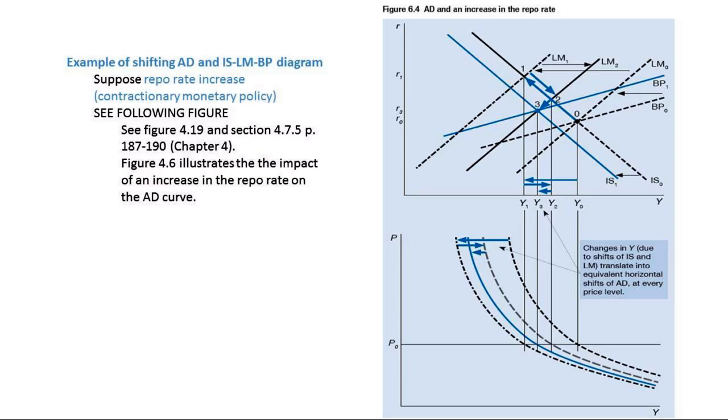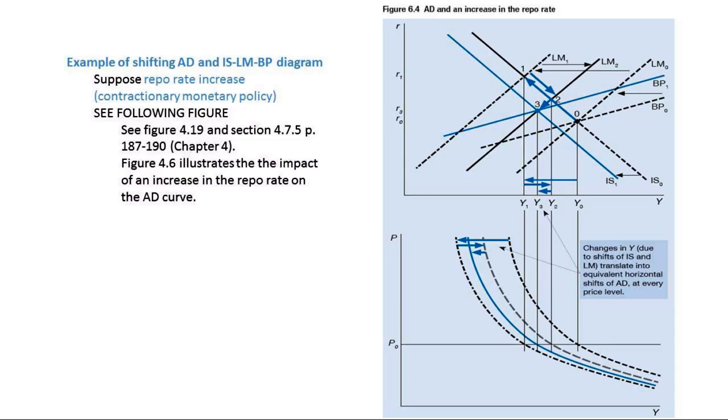So you're already familiar with this top part of the diagram, and it's contractionary monetary policy illustrated by the ISLM BP. Now, if you start off at the equilibrium 0 over here with an income level Y0, that is mirrored by a point on the AD curve, aggregate demand down here.